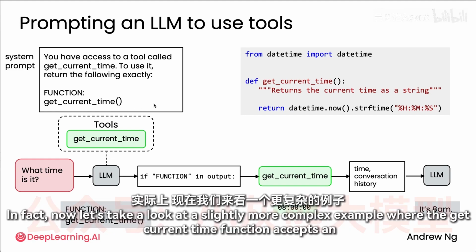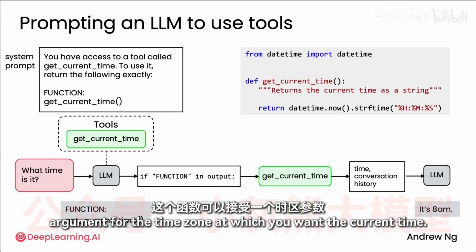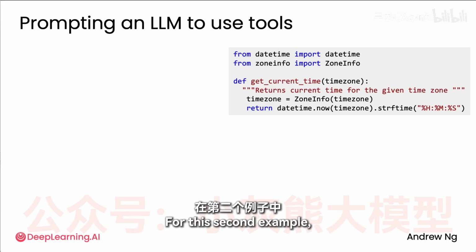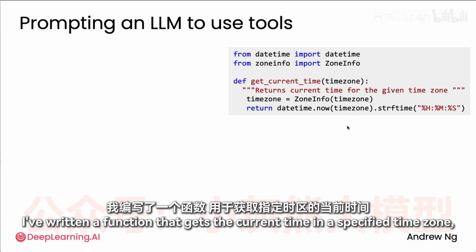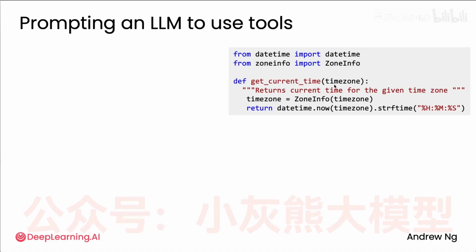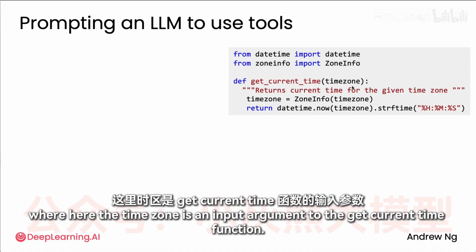In fact, now let's take a look at a slightly more complex example where the getCurrentTime function accepts an argument for the time zone at which you want the current time. For the second example, I've written a function that gets the current time in a specified time zone, where here the time zone is an input argument to the getCurrentTime function.